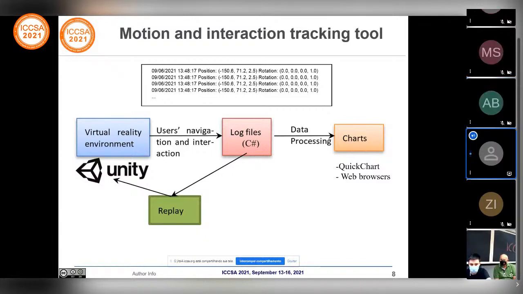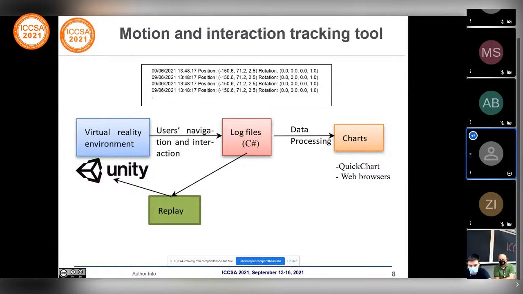We register data about the user camera, hotspot names, timestamp, and interaction with the environment while the application is running. Then charts are generated and the application can be replayed according to data registered in the log files. We use QuickChart services to generate chart images on the fly.